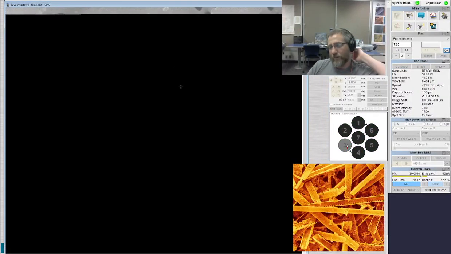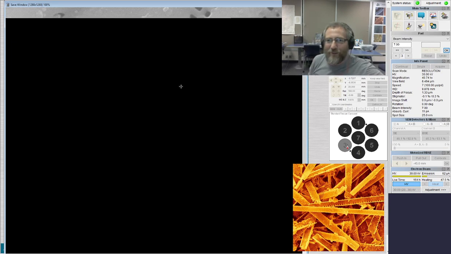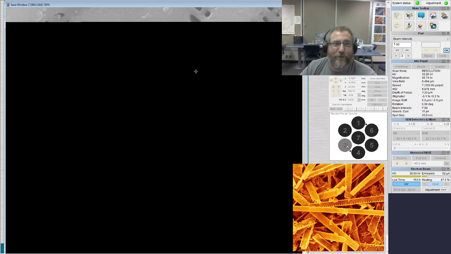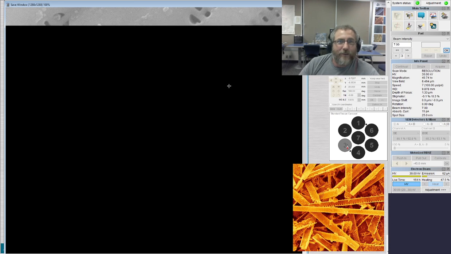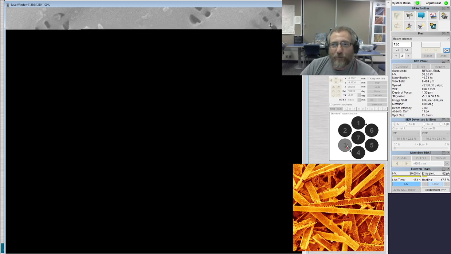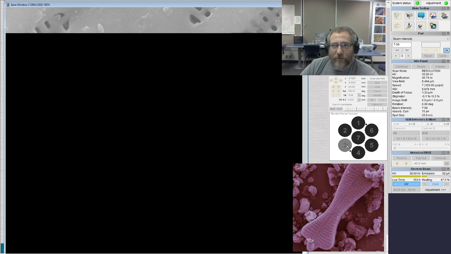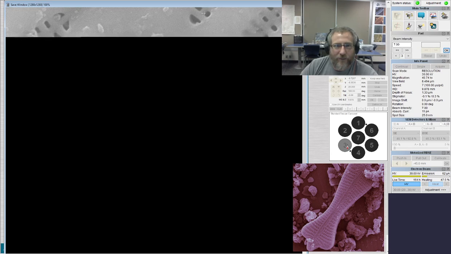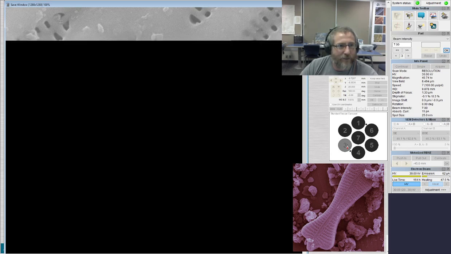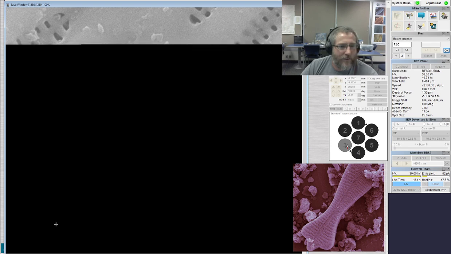I'm gonna also move us a little closer because we're at 10 millimeters and we could probably be at 5. But I think you can see up in here, there's all kinds of connectors. That's definitely silica. That's definitely silica.